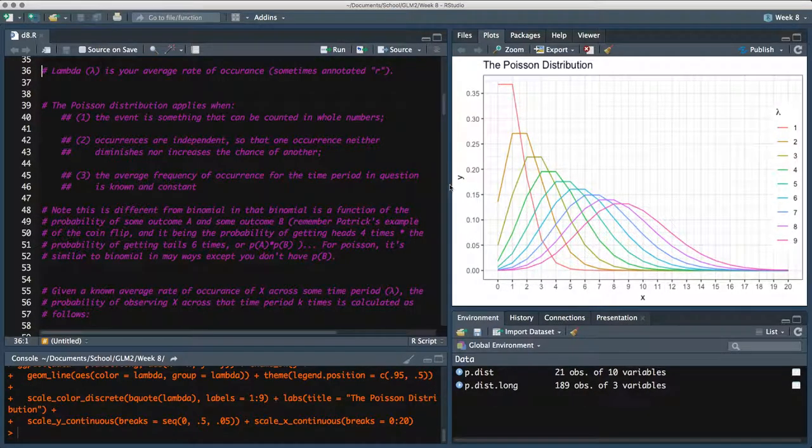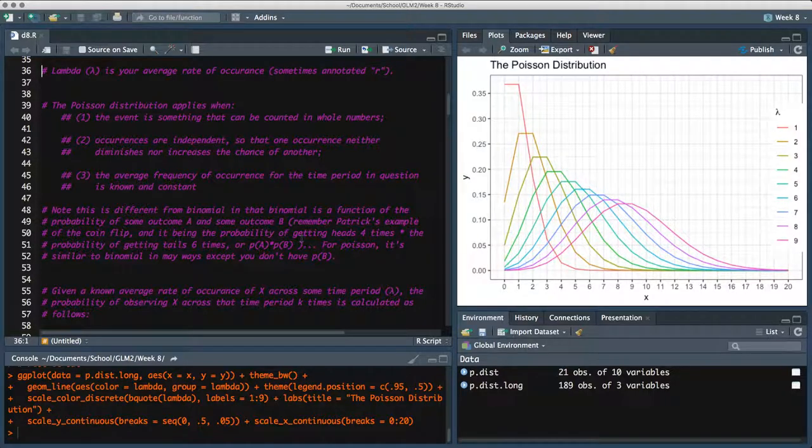So first, note that if you recall from the binomial problems that we worked on with logistic regression, maximum likelihood is a function of two probabilities. It's the probability of A times the probability of B. But in this case, with the Poisson distribution, we don't have that second probability.